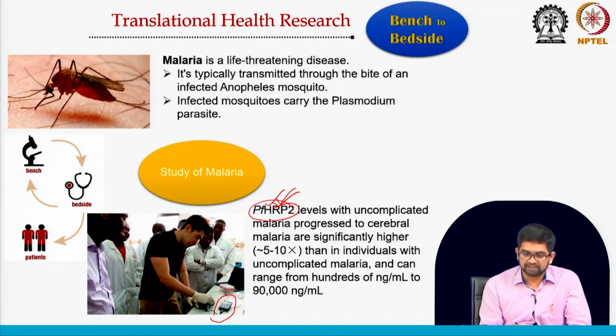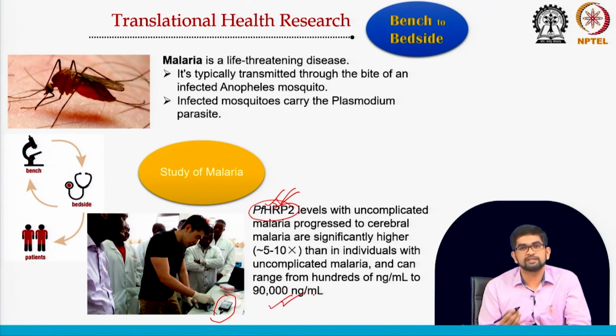We found that this marker is at very high concentrations in the blood samples, and it can go up to 90,000 nanogram per ml. But the biosensors we developed are very sensitive, they can detect at the picogram to nanogram level, but they cannot detect 90,000 nanogram per ml.